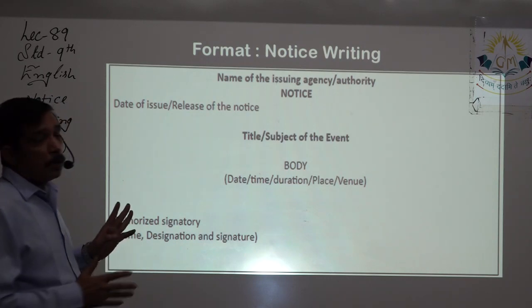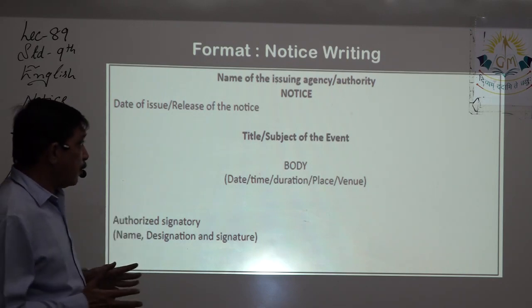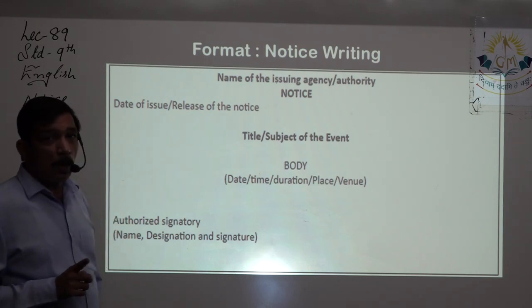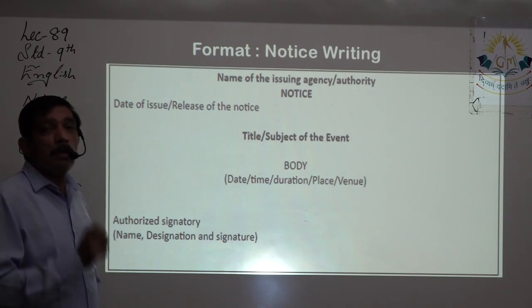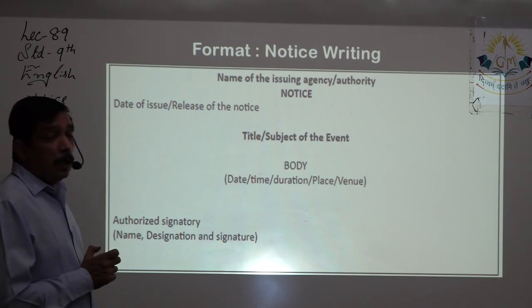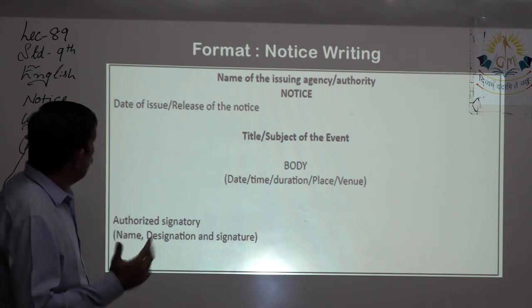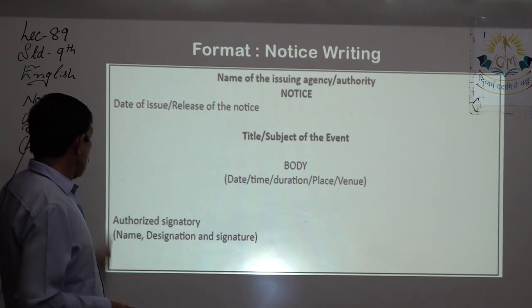In order that you can understand the proper format. Now, as you can see, name of the issuing agency or authority, it is right in the center. Then notice right in the center. You can leave a line, you may not leave a line. Date of issue, that is release of the notice, will come on the left margin.